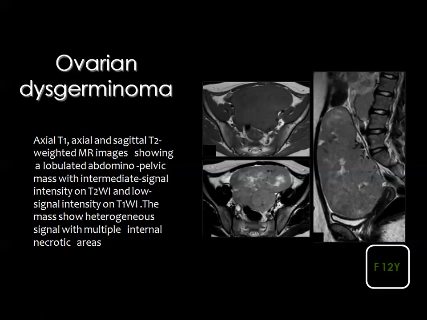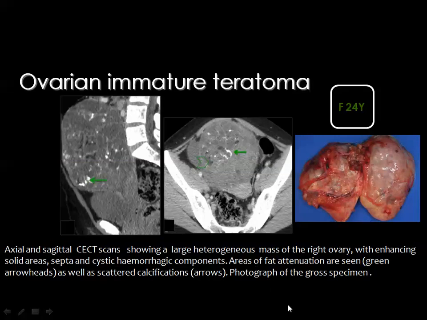And this is a 12-year-old female with a huge pelvic abdominal mass occupying most of the pelvic and the lower abdominal cavity, compressing the bladder, displacing the uterus posteriorly. Then you know that this is of adnexal origin, and the diagnosis of this germinoma is easy.